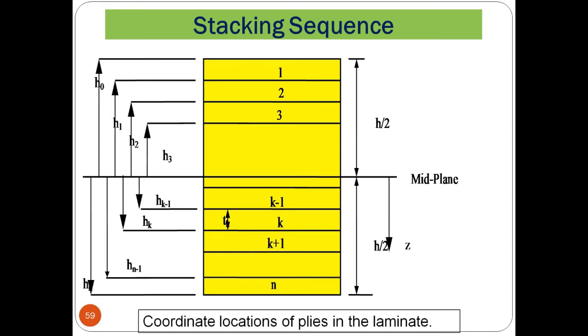If we consider the top surface of the first lamina, it has a distance of h naught. Similarly, for the n-th ply, it has hn as the distance from the midplane.